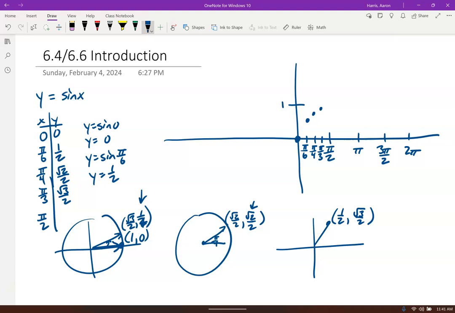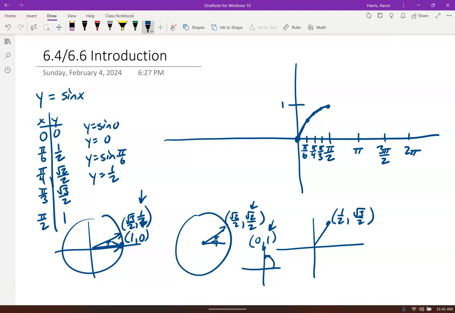And then finally I take the sine of pi halves. Well, if I rotate 90 degrees to the point 0, 1, the sine of pi halves is 1. Okay, so far I've got this. I could connect my dots. I could plug in some more with my scientific calculator if you wanted to, but I'm just using some key points from my unit circle.